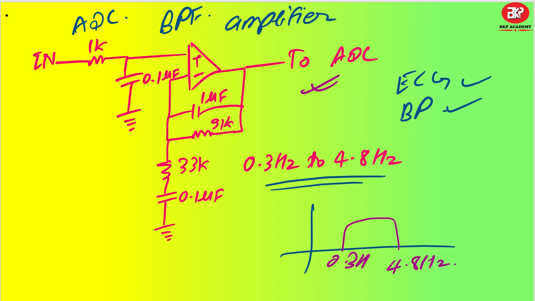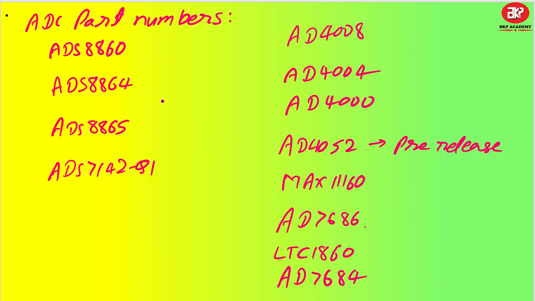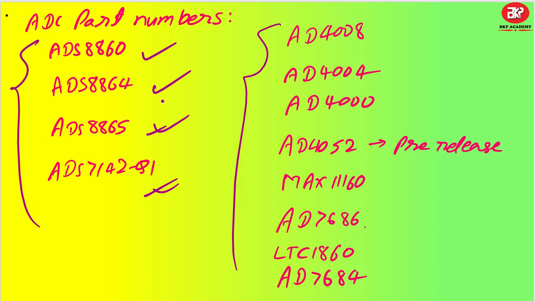Why don't we see what the various parts are that we can use generally, so I can give you an understanding of some part numbers. Let us say some TI part numbers I have listed out, which we have used in various applications recently. Like ADS8860, ADS8864, ADS8865, like that you can utilize. Similar to that, we have Analog Devices parts as well.